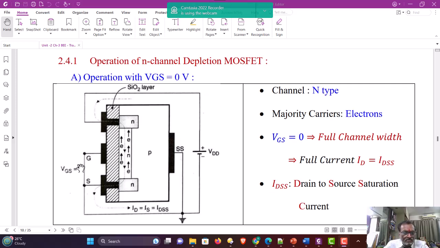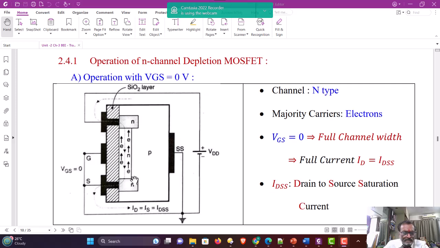So when zero gate to source voltage is applied, the channel is full of charge carriers and when external voltage VDD is applied, these charge carriers are moving. Electrons are moving from source to drain and flowing through the outer circuit. Therefore conventional current is in the opposite direction. The conventional current is shown by the dotted line which is flowing from drain to source.